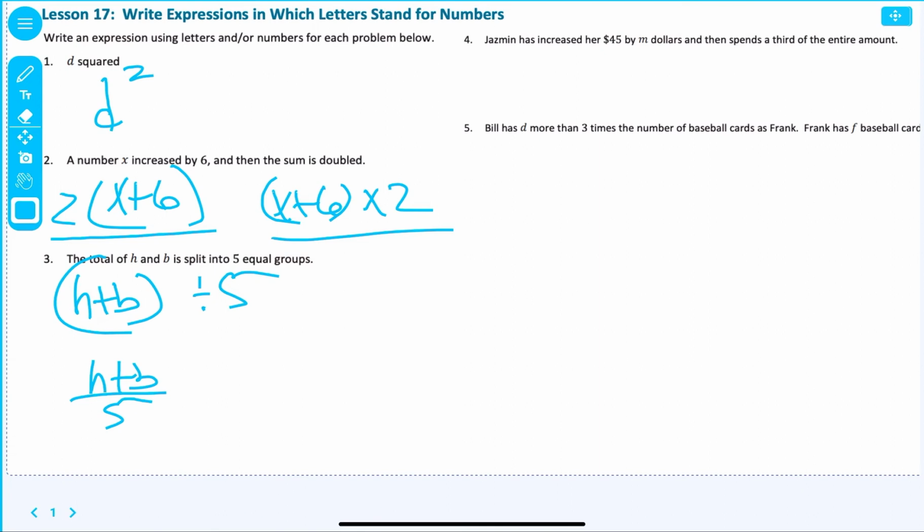Jasmine has increased her $45 by M dollars and then spends a third of the entire amount. Celine? Yep, so how would I write that? She does spend a third, but how do you write that?